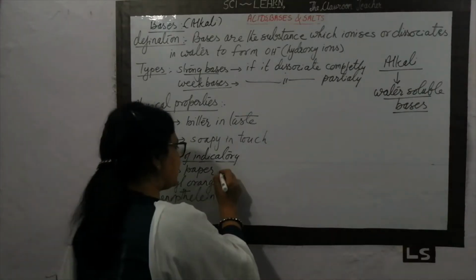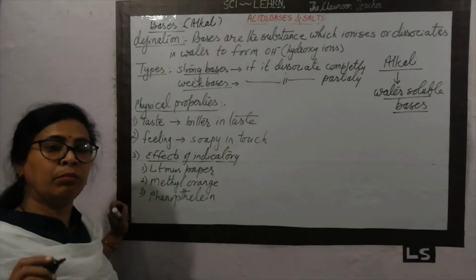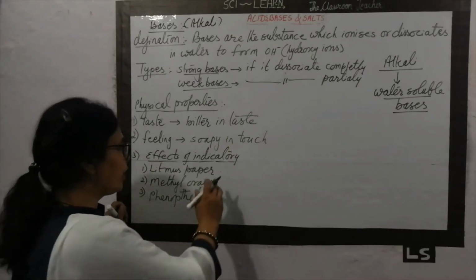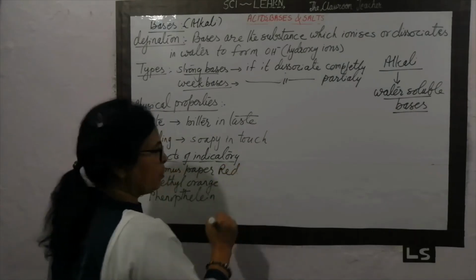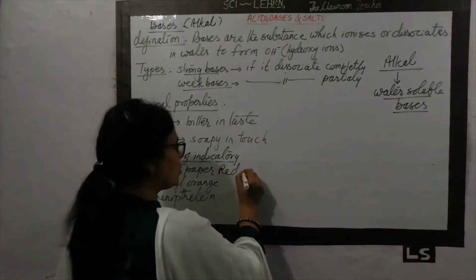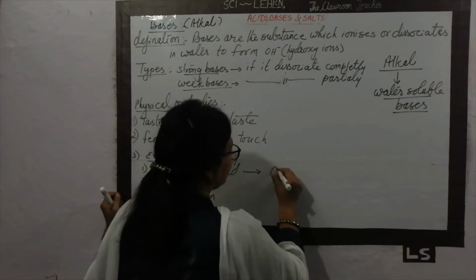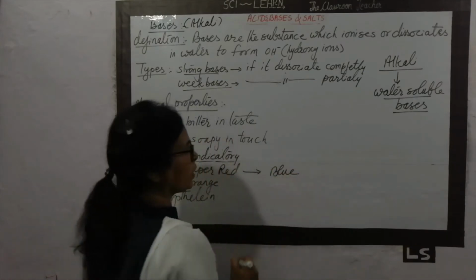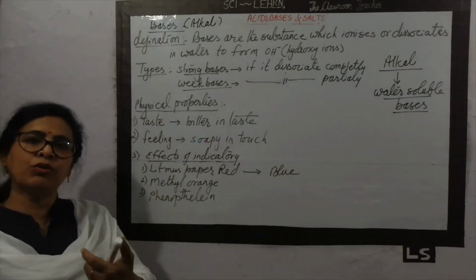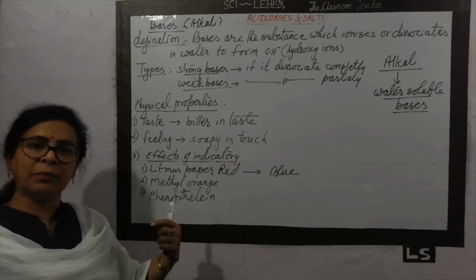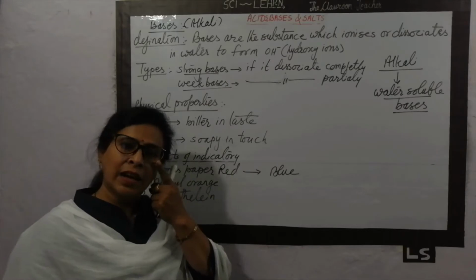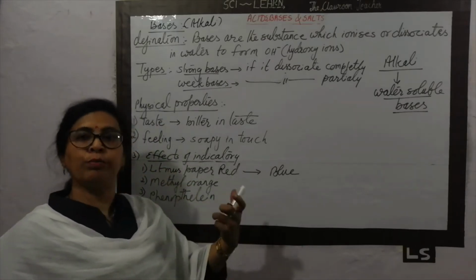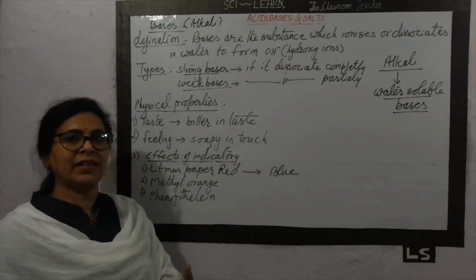What happens in acids? In acids, blue litmus turns red. Here, we have to use the red litmus paper. Bases in the presence of water turn red litmus blue. So if the litmus paper converts from blue to red, it means it is acid, and if it converts from red to blue, it means it is basic in nature.